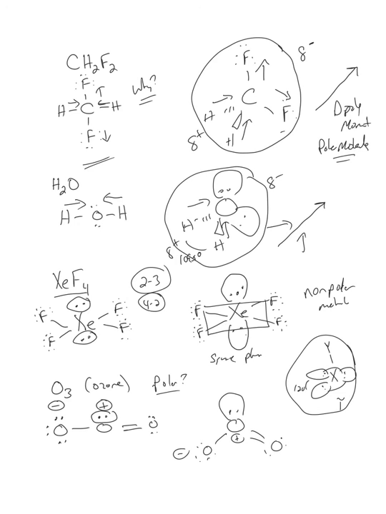The bent shape is an asymmetric shape, and while there aren't big differences in electronegativities, there isn't another lone pair to cancel out the lone pair off to the top. So this molecule does have an overall dipole moment.